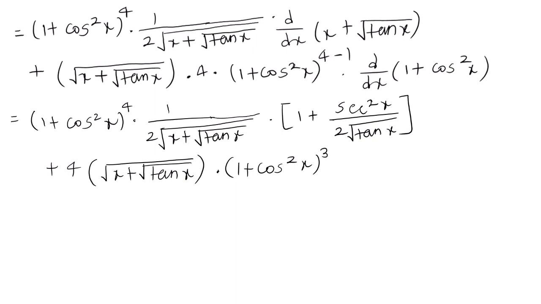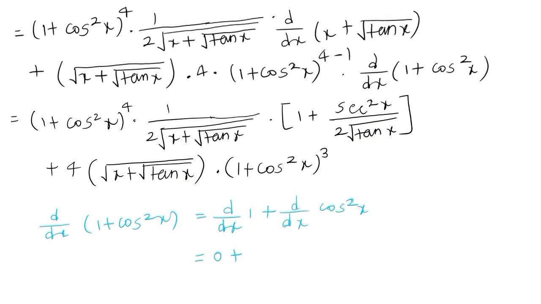Now we will understand differentiation of 1 plus cos square x. Separate out the differentiation. So differentiation of 1 is 0 because 1 is constant. Now we need to consider this cos x as x and we need to solve it with x raised to n formula.